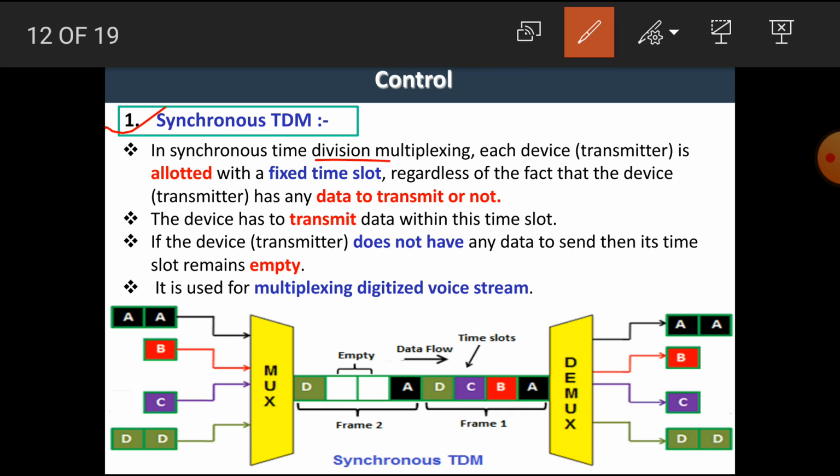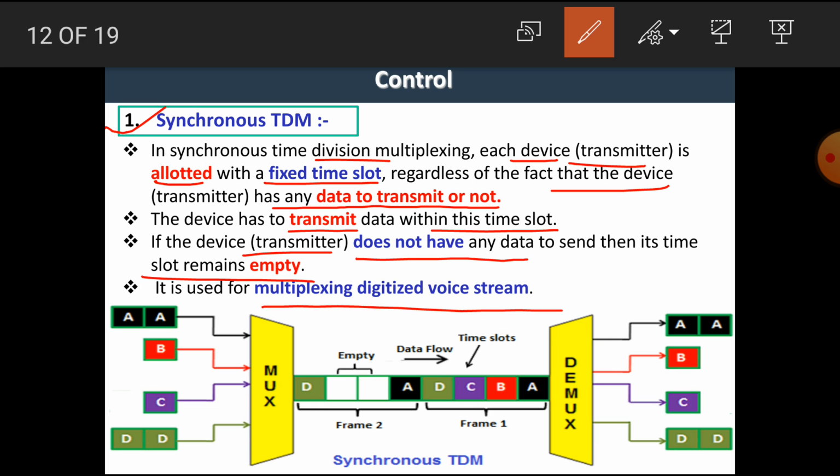In synchronous time division multiplexing, each device, that means transmitter, is allotted a fixed time slot, regardless of the fact that the device or the transmitter has any data to transmit or not. The device has to transmit data within this time slot. If the device or the transmitter does not have any data to send, then its time slot remains empty.